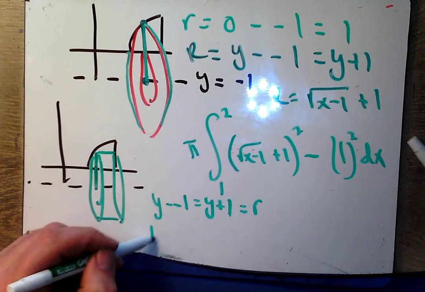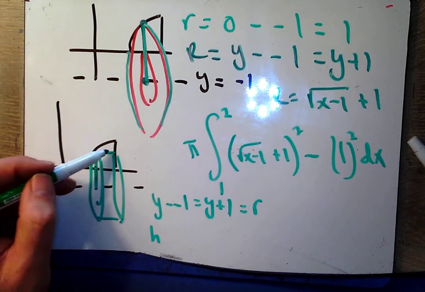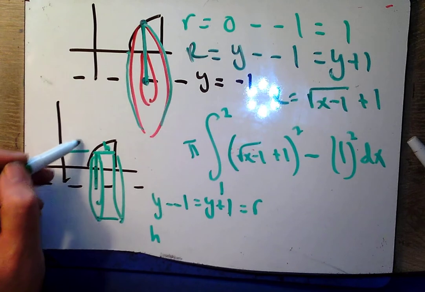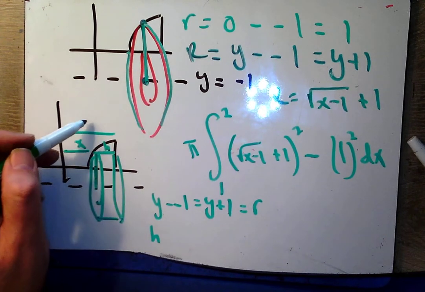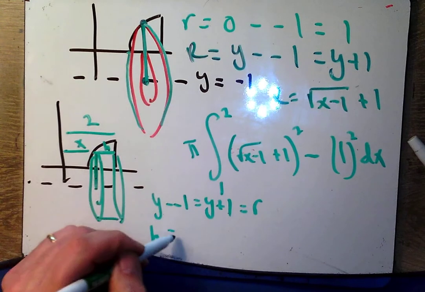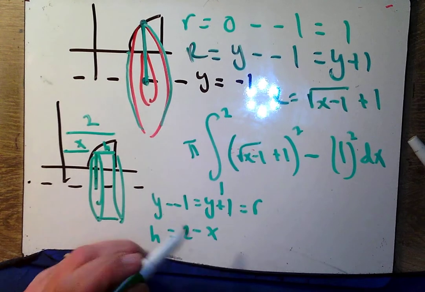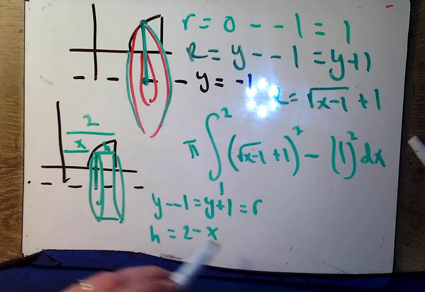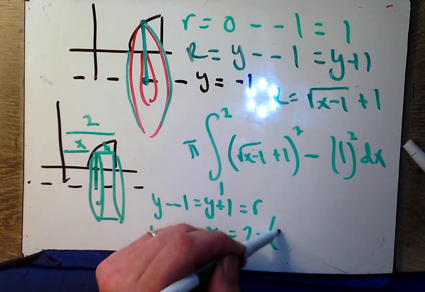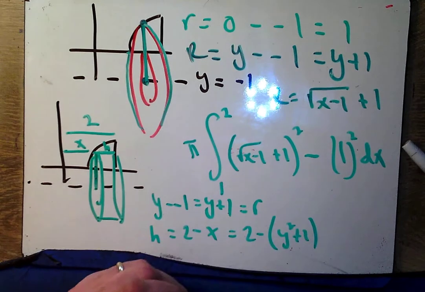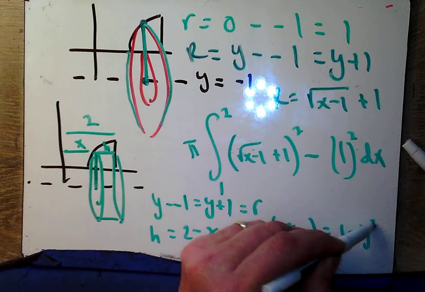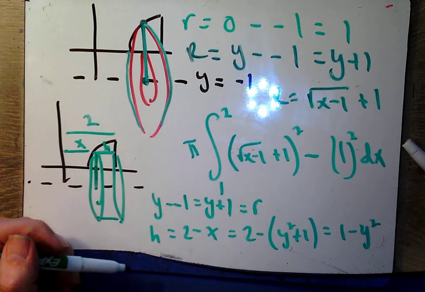But what about the height? Well, this is the height. It's a changing quantity. This amount is x. This amount is 2. So I know the height is 2 minus x, but since we've got a dy integral, I'm going to get rid of this x and replace that with y squared plus 1. When I combine like terms, I get 1 minus y squared for my height.